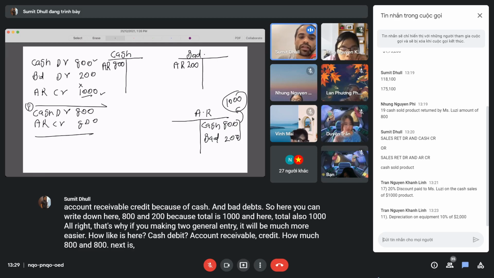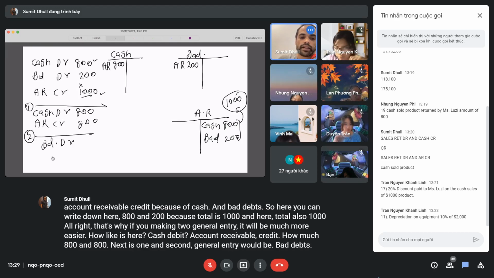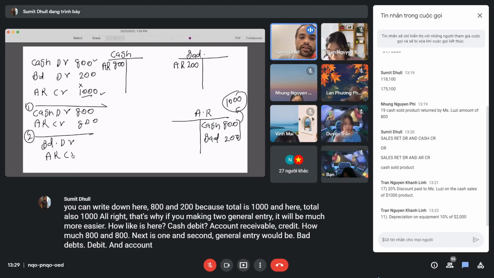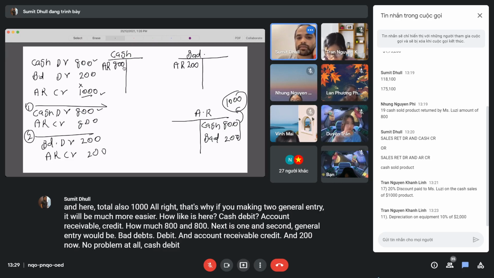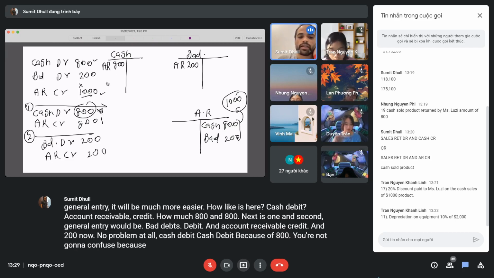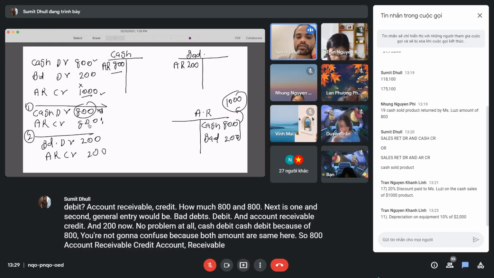Next, the second journal entry would be bad debts debit and account receivable credit: 200 and 200. Now, no problem at all. Cash debit 800. You're not going to be confused because both amounts are the same here. So 800. Account receivable credit because of cash, 800.